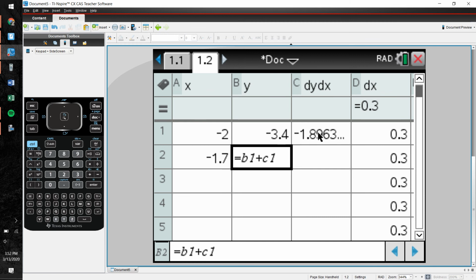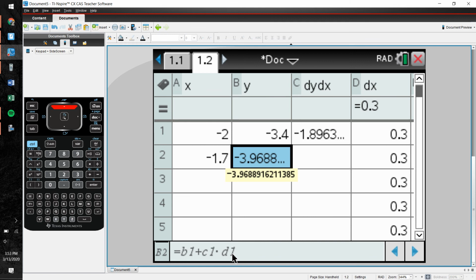So our derivative then gets multiplied by our delta x value, which can be found right over here in cell D1. So what's going on in this formula here, guys, is that our new y value is being found by taking our old y value plus the derivative at the last ordered pair multiplied by that constant delta x value of 0.3. And when we hit enter, we get a new y value of negative 3.9688 and so on and so forth.